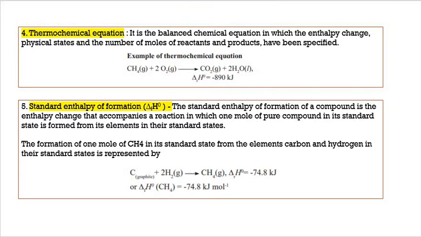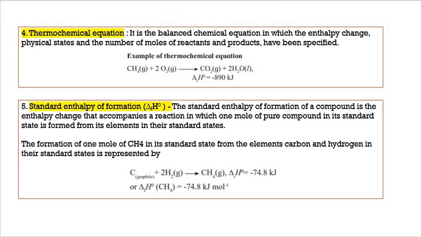And when the coefficients indicating the number of moles of all the substances in a thermochemical equation are multiplied or divided by a certain numerical factor, the corresponding delta RH naught needs to be multiplied or divided by the same.